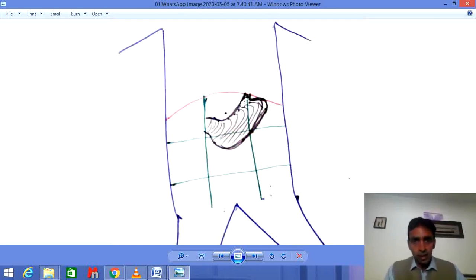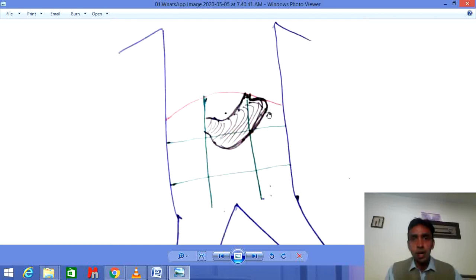The abdominal portion of this man is divided into 9 main parts, and the stomach is present in 3 of these regions. This is the left side and this is the right side.